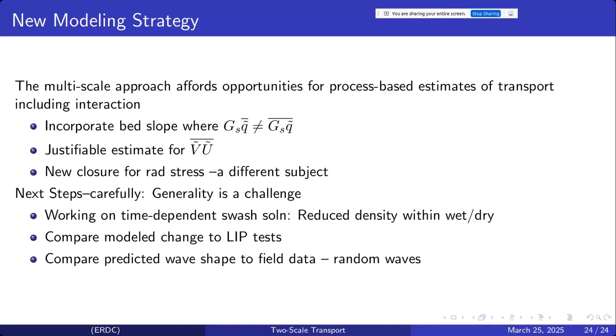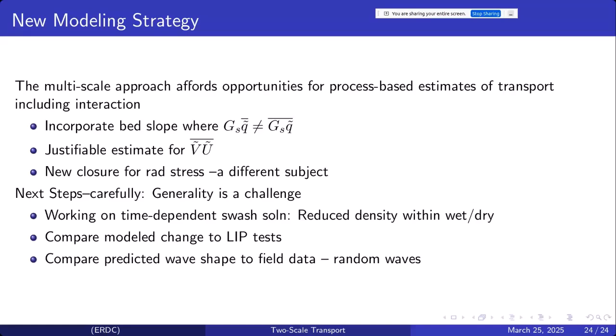So at least now I think we have some justification for making these wave-related transport estimates. Same way with the bed slope, this is a nonlinear process. You can't just take the time average sediment transport and multiply it by the slope factor and get the right answer.